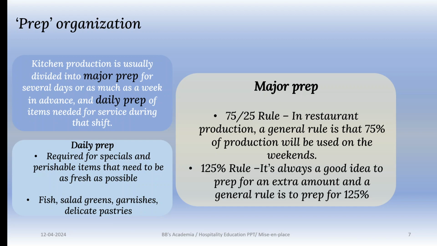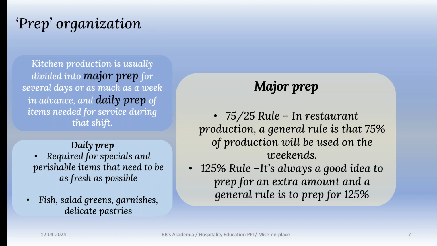Sometimes we follow a 125% rule. It is always a good idea to prep for an extra amount, and the general rule is to prep for 125%. Why the extra amount? Because, as I have mentioned, on holidays, that is Saturday and Sunday, naturally there will be more volume of business. So accordingly your mise-en-place and your major prep should be ready. You cannot make the chicken lollipop the moment the order comes.